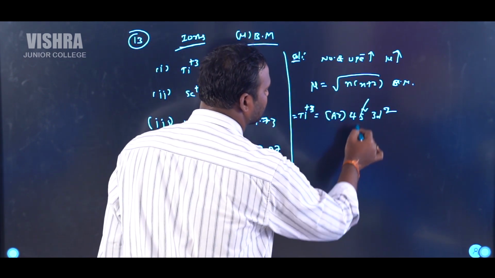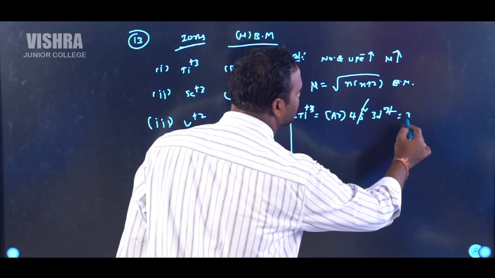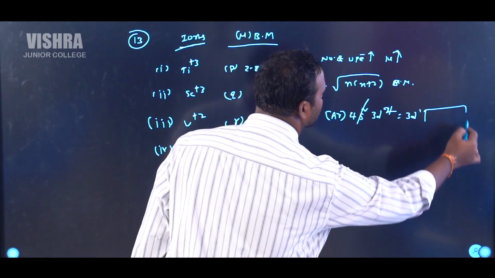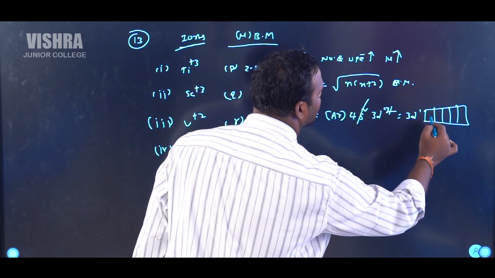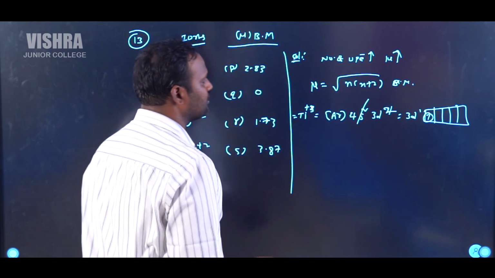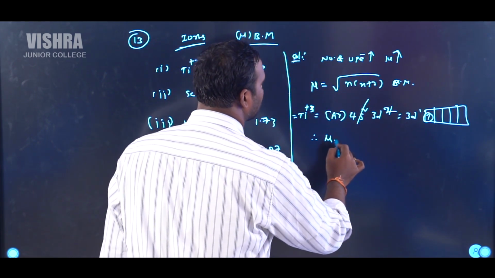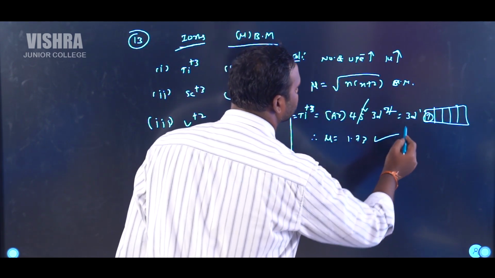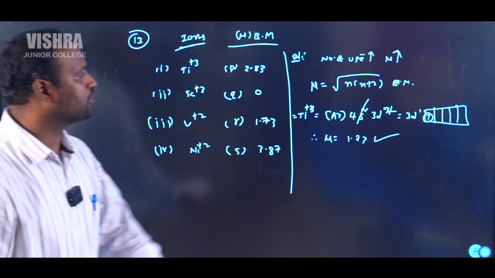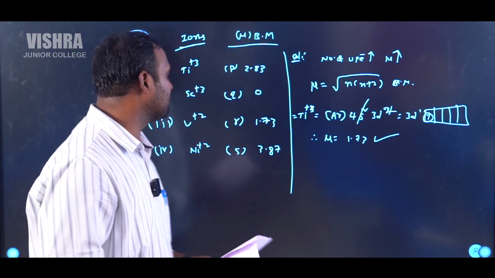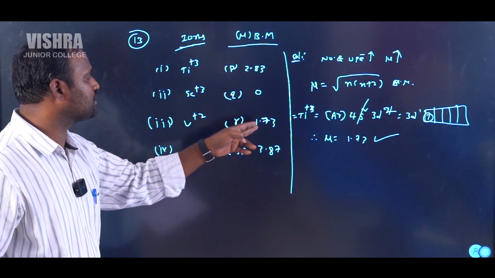So remove 2 electrons from 4s and 1 electron from 3d. Then it becomes 3d1. The number of unpaired electrons in this case is only 1. So mu is equal to 1.73 if you substitute 1 in the formula. So the magnetic moment of titanium plus 3 is 1.73.